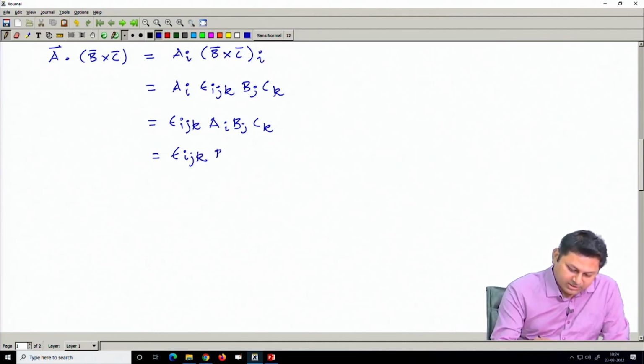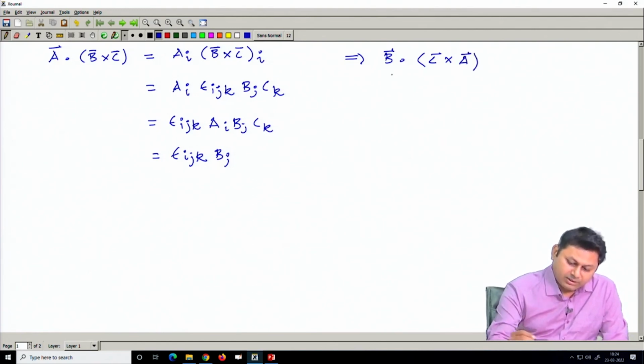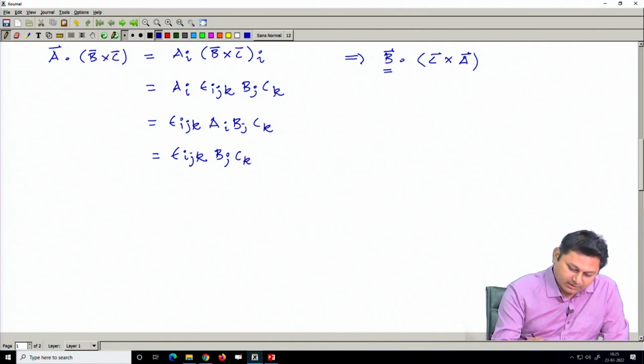Let us put this b j here, because at the end of the day I need to prove that this quantity is equal to b dot c cross a. So, using the Levi-Civita symbol, this b is sitting here. That is why I write b here. I just replace this and rearrange, and then c cross a. So, I just put c k here and a here. I just change the order.